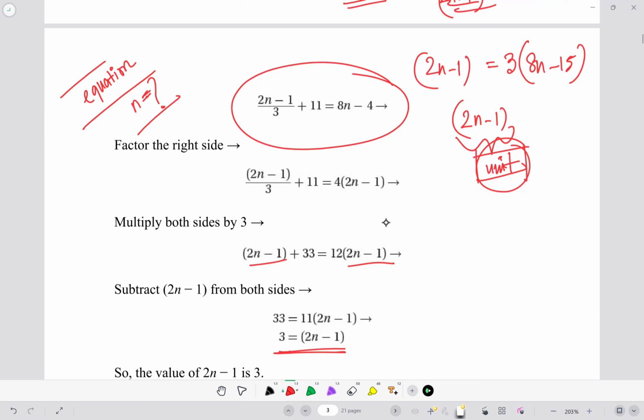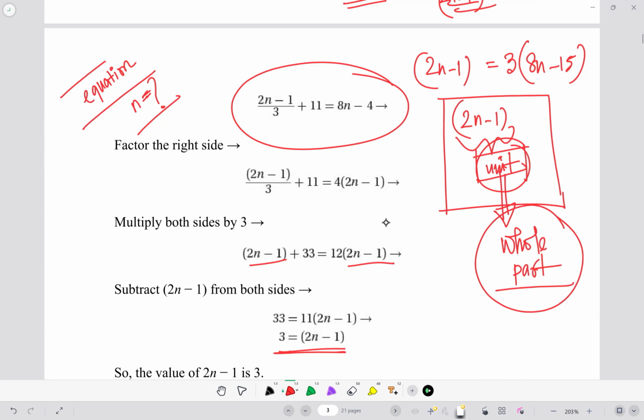So be serious about it. You cannot solve it for n. You just need to make 2n minus 1 as a unit, treat it as a whole part.